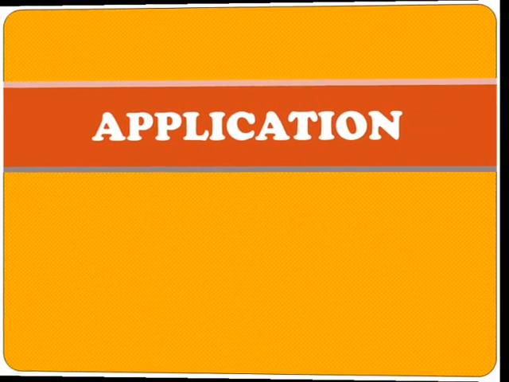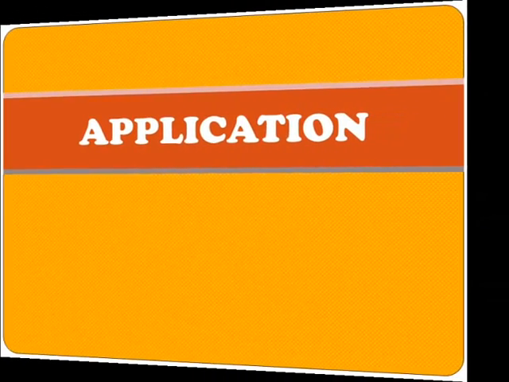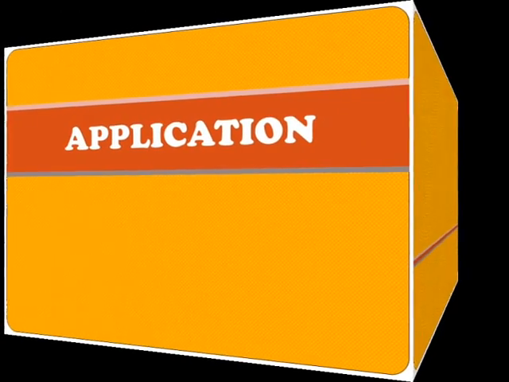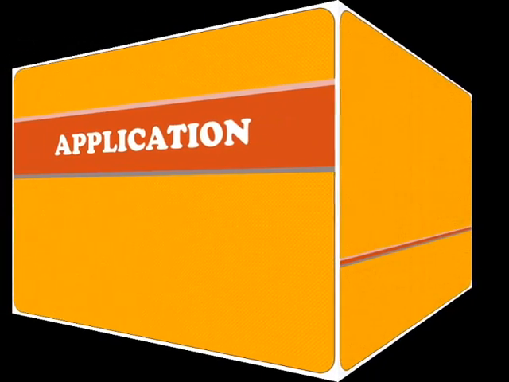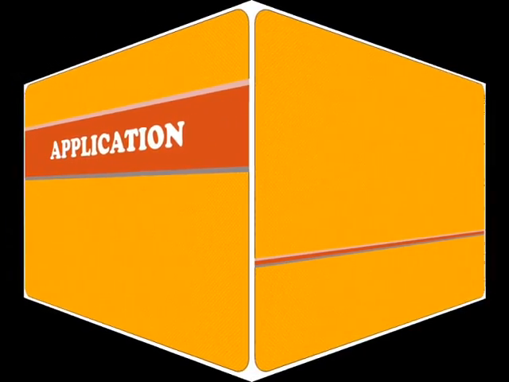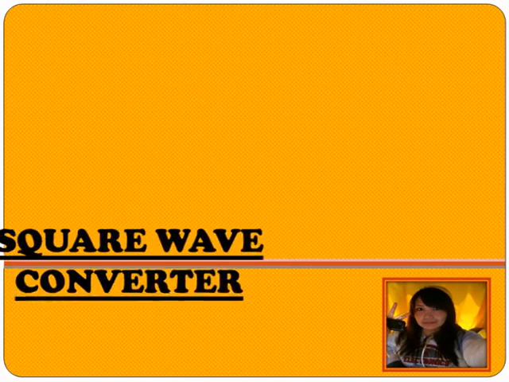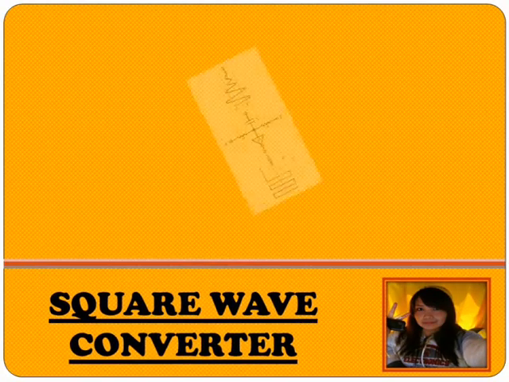Most of the following applications use CMOS-Schmitt characteristics to either simplify design or increase performance. Some of the applications could not be done at all with another logic family. The circuit in this family is used as a square wave converter.